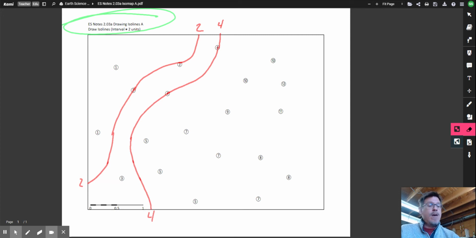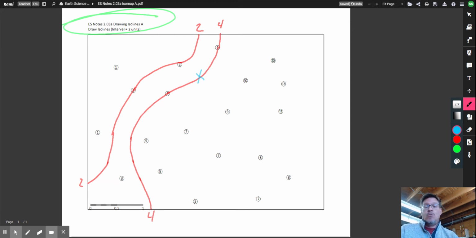Now, before we do that, I want to explore the idea of what an isoline is. An isoline is a line that connects points of equal value. So if I draw an X on this point right here, what would be the value of that point X? The value would be 4 because it's on the 4 line.